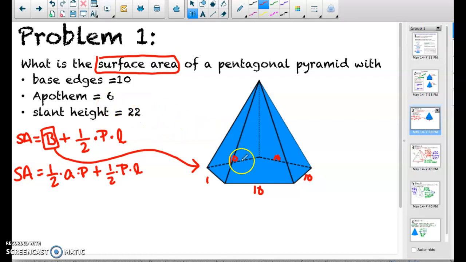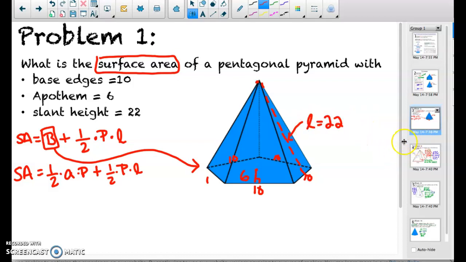The apothem is 6, so that means the distance from the center out to an edge, a perpendicular distance, is 6. And the slant height is 22. So if I were to slide down the middle of the face of this pyramid, that distance right there, that slant height, is 22.